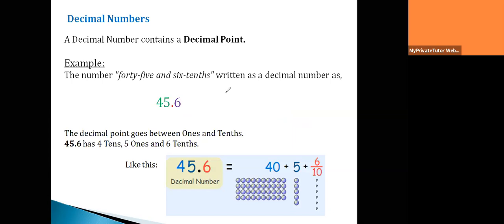So if we have a decimal point, then obviously it is a decimal number. Which means we have digits before and after the decimal point. But how does the place value of a decimal number work? Let's try some.